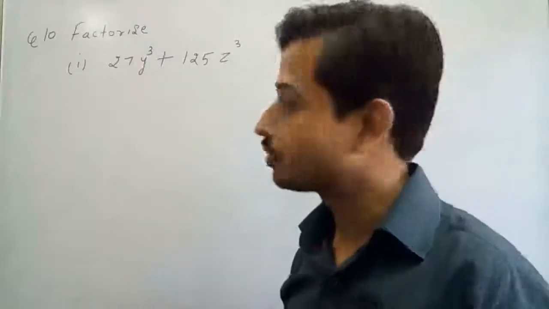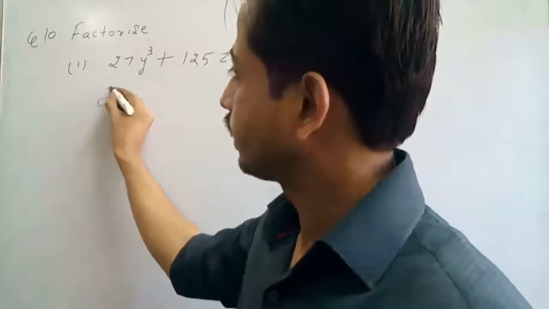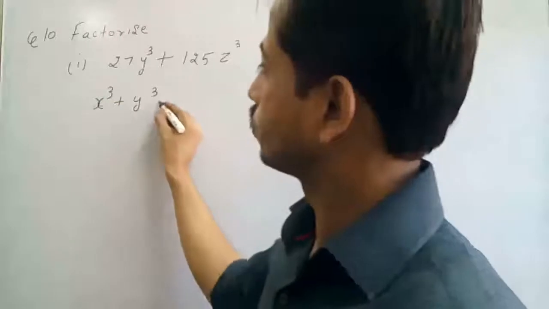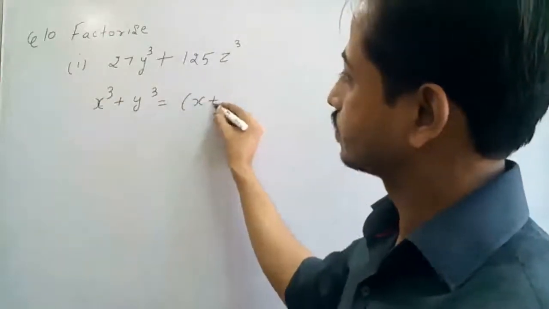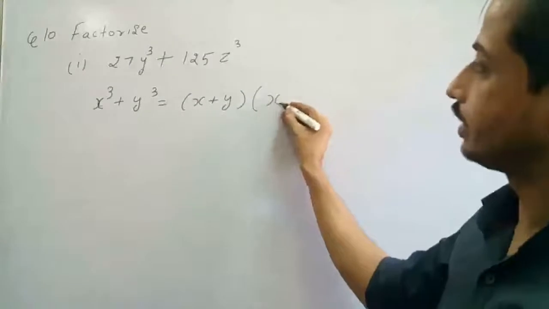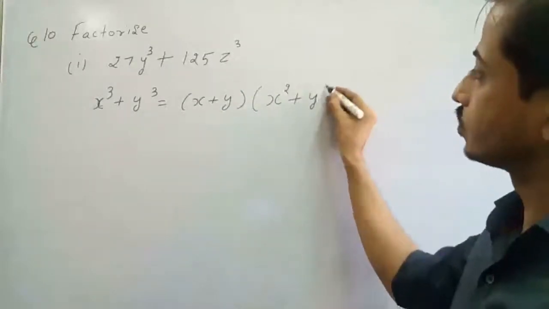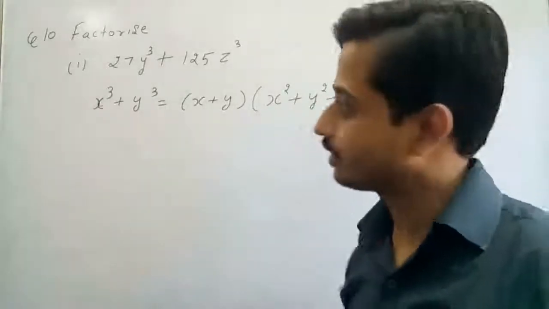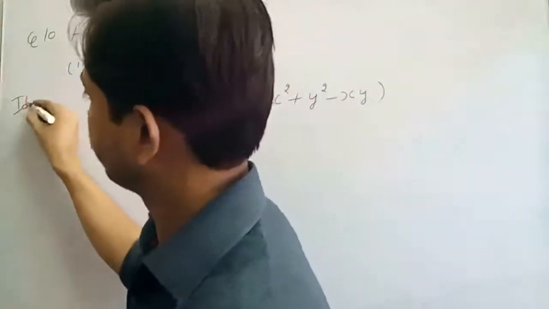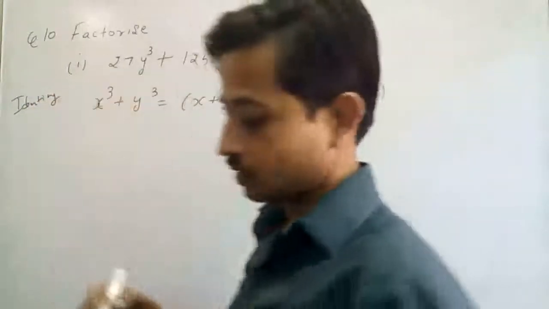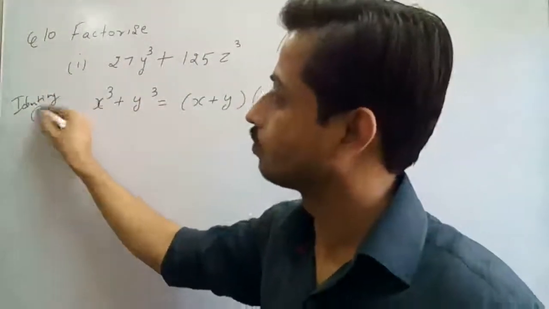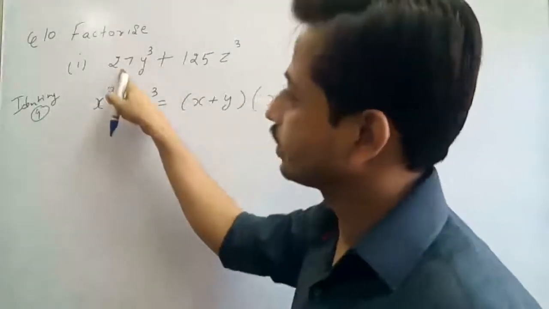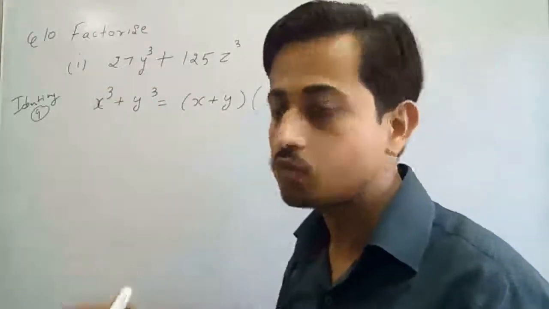What is identity number 9? x cube plus y cube is equal to x plus y in x square plus y square minus x into y. This is the identity. So apply identity number 9.